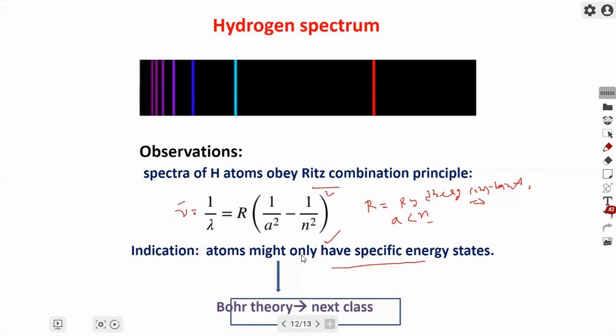So atoms only have specific energy levels; the energy is not continuous as we expected. Something has to be incorporated into our energy expression, and we need to think about the atom in a totally different way. That attempt was first made by the scientist Niels Bohr, which we will learn in the next class.